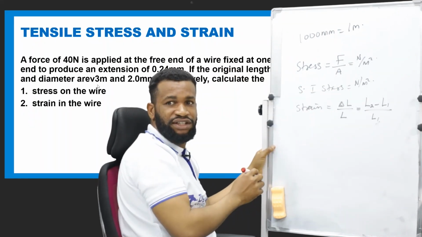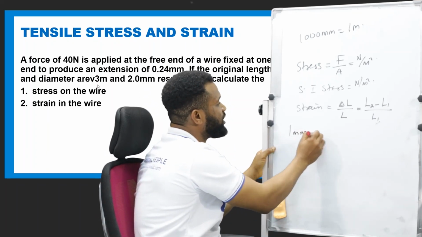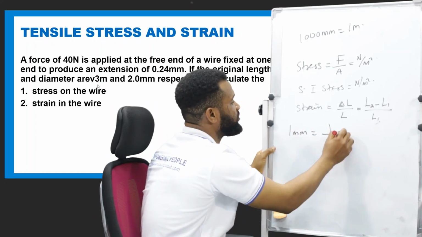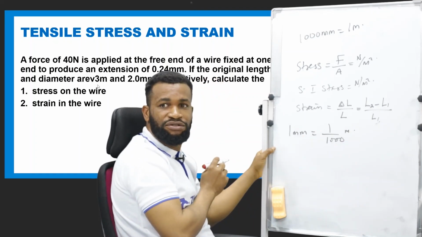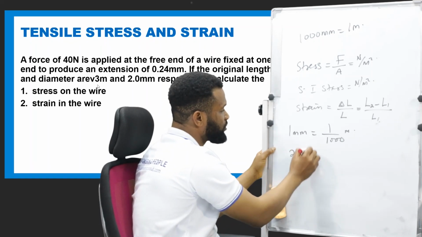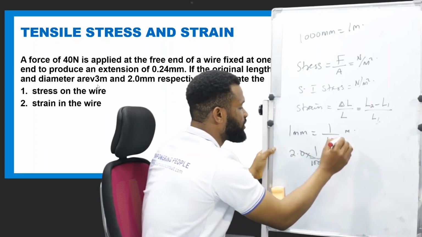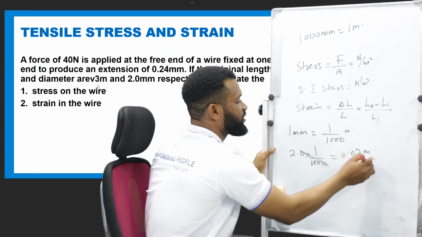Therefore it means that 1 millimeter is given as 1 over 1000 meters. So how do I convert 2.0 millimeter to meter? I'm going to say that 2.0 times 1 over 1000, which is going to give you 0.02 meters.